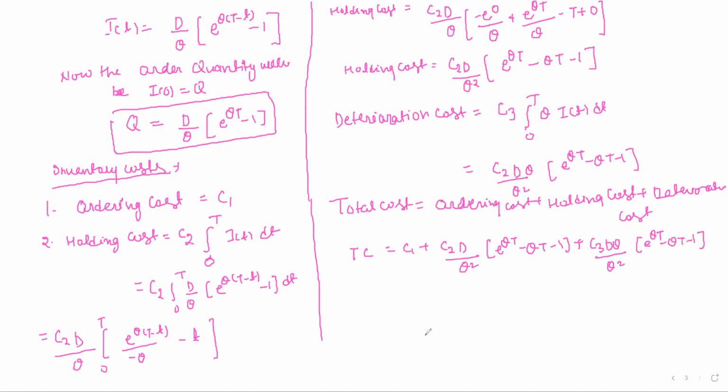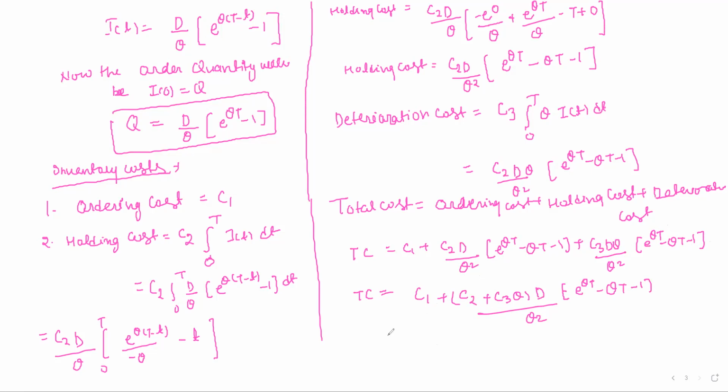So now it becomes C1 plus C2 plus C3 theta, d upon theta square, into e to the power theta t minus theta t minus 1. So this is the total cost.